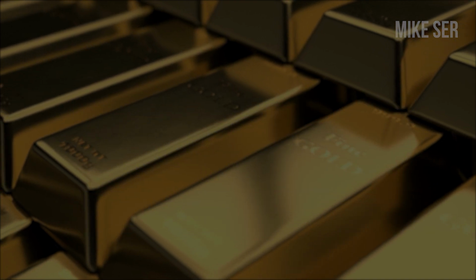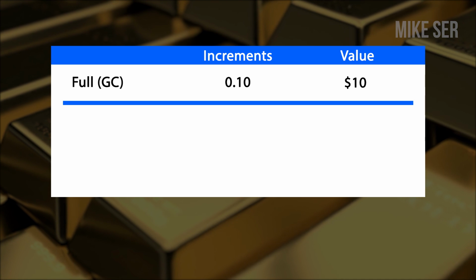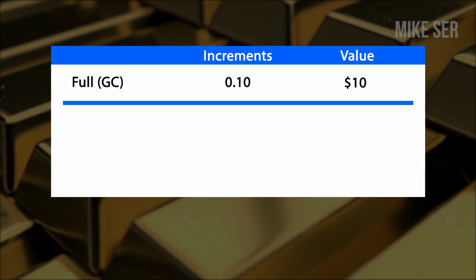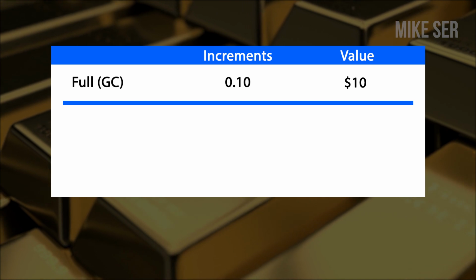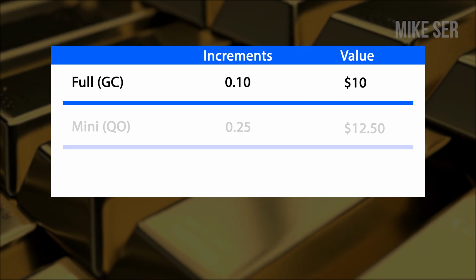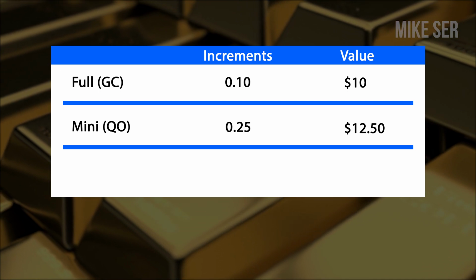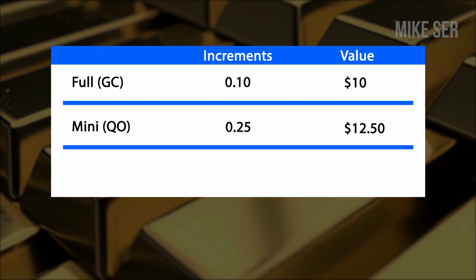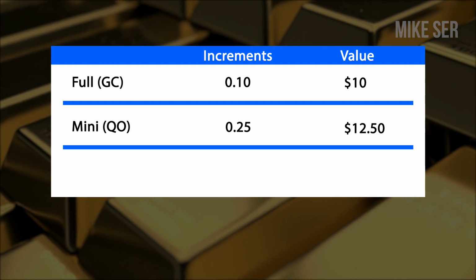As well, the full-size contracts are traded in 0.10 increments, which means that each 10 cents change in the gold contract has a monetary value of $10. Now, the mini-size contracts are traded in 0.25 increments, which means that each 25 cents change has a monetary value of $12.50.